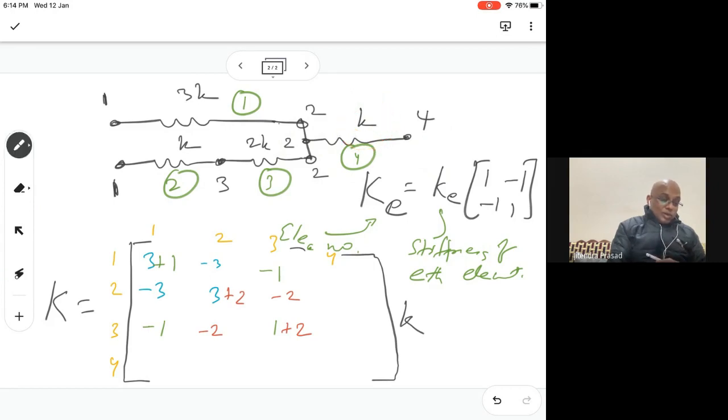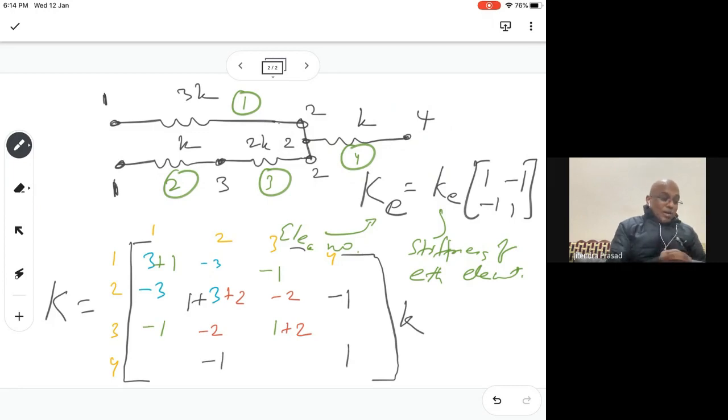Then 2,4 is minus 1, and similarly 4,2 is minus 1, and then 4,4 will be 1.